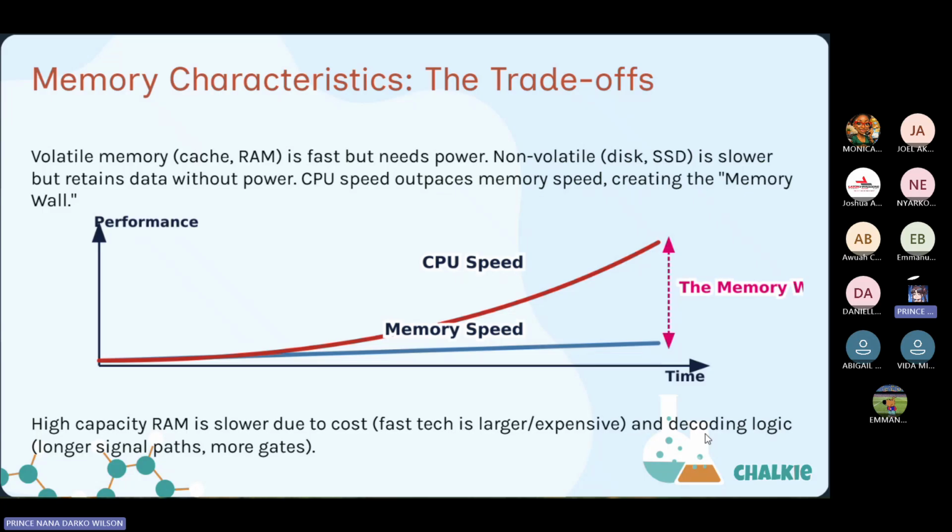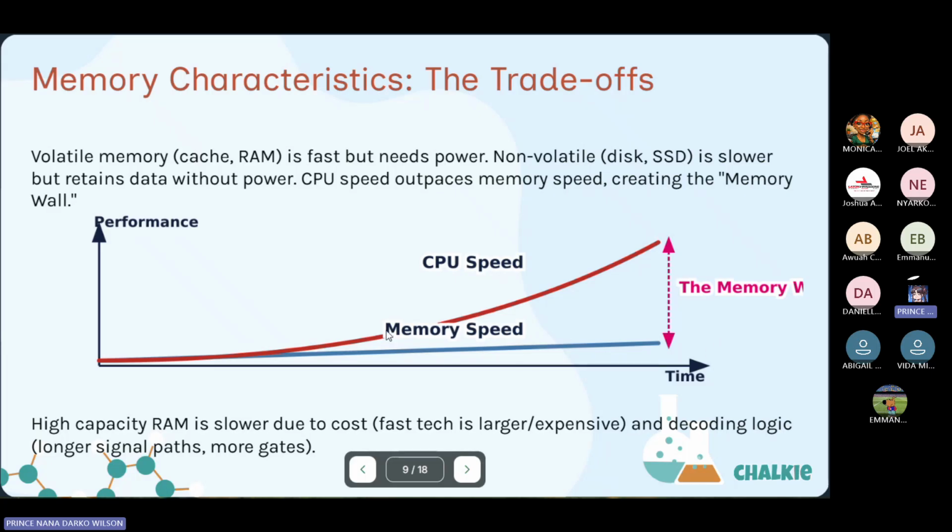The central processing unit's speed outpaces memory speed. This creates what we call the memory wall. I already talked about this earlier. It shows here that memory speed is relatively slower than the central processing unit. We'll assume time is on the x-axis here. This is how fast memory travels with time, and the performance, or the speed at which it moves, is right here.